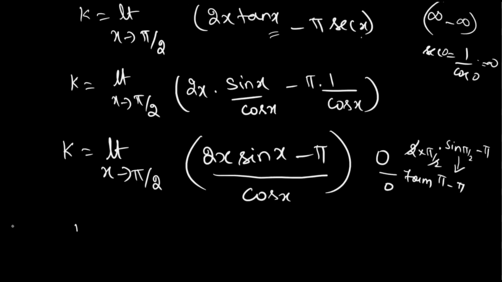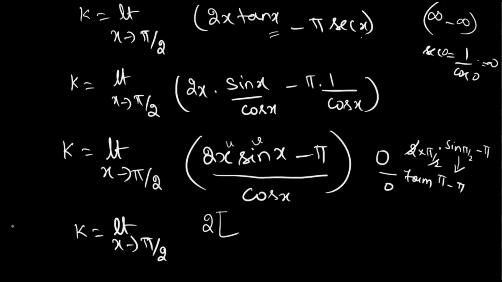So differentiate the numerator separately and denominator separately because this is not a u by v derivative. As per LH rule, we'll differentiate numerator separately. 2x sin x. So now we have this UV rule.